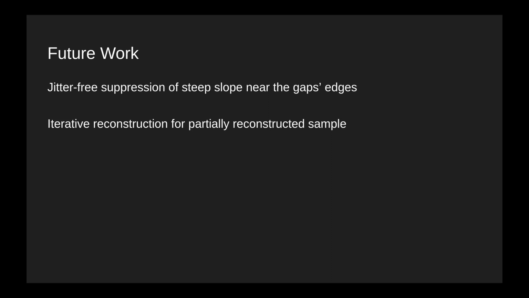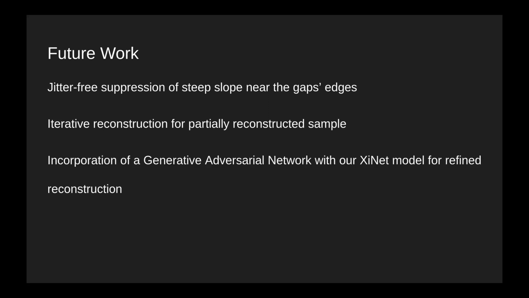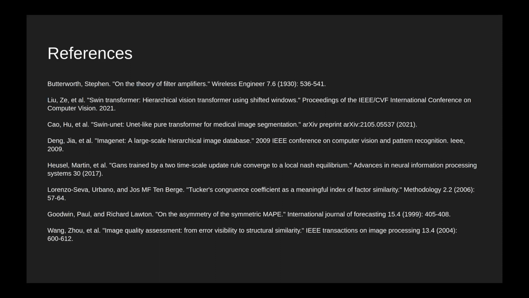That's something we are also trying. Also incorporating a GAN with our Zynet model for refined reconstruction. We actually did try a GAN before, which did not work, but we might attempt to do that again. And finally, we think that this can be generalized to several other vision tasks. And these are our references.